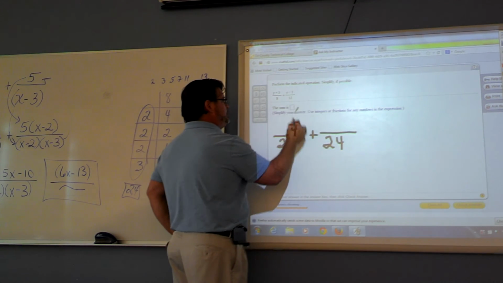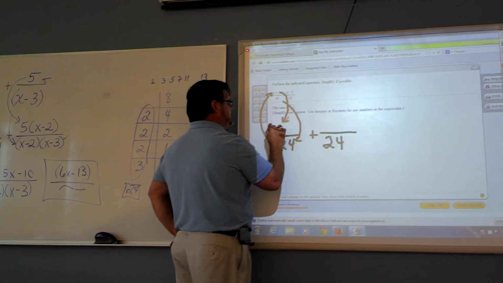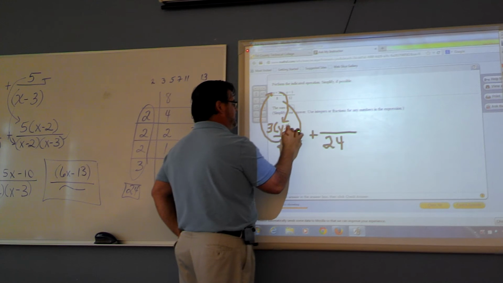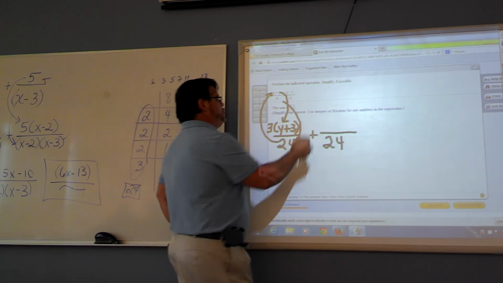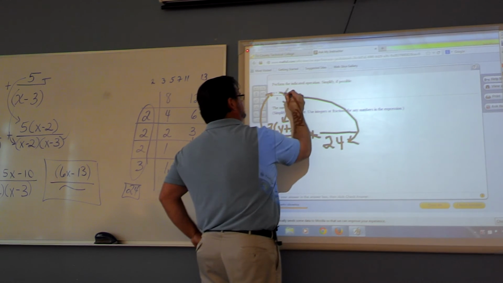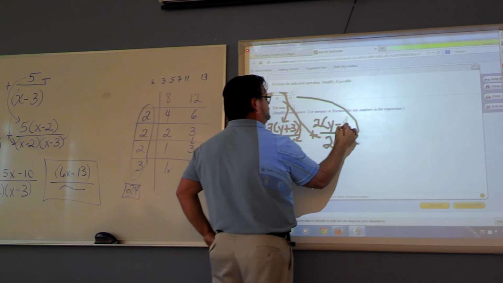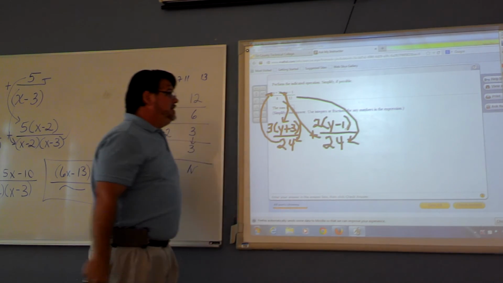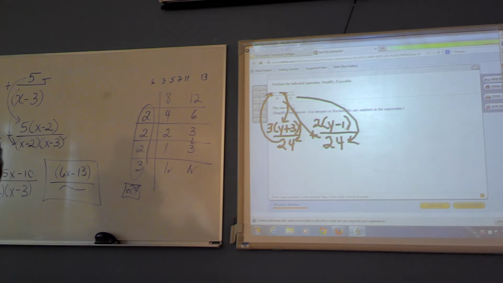How many times will 8 go into 24? 3 times, so that's 3 times y plus 3. 12 will go into 24 how many times? 2 times, so that'd be 2 times y minus 1. Now I distribute. If y'all start trying to skip steps and do steps 2 and 3 together, that's where you're gonna mess up.